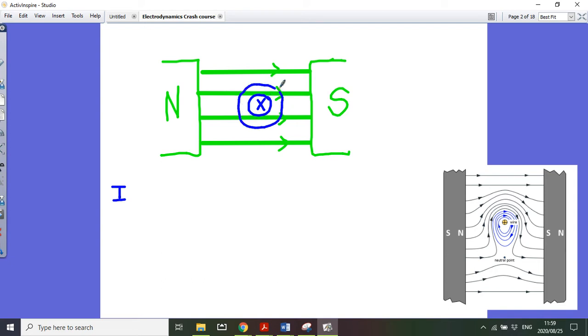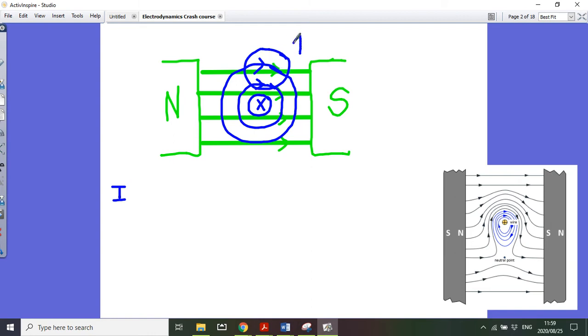Now I can draw the circles as we've been doing around this wire. Again, it's going to be clockwise, because if you use your thumb into the page, it's going to be clockwise. And now you need to see the same thing. Can you see here that the two magnetic fields are interacting with each other? There's now a blue magnetic field line as well as a green magnetic field line.